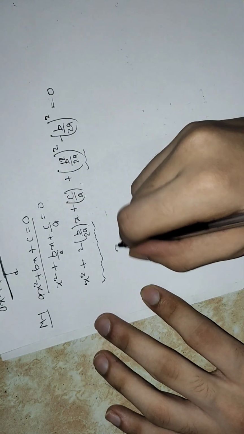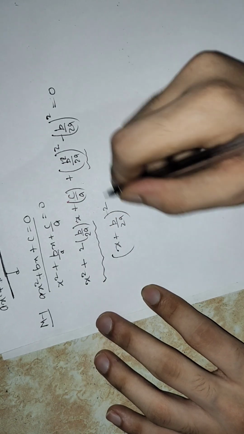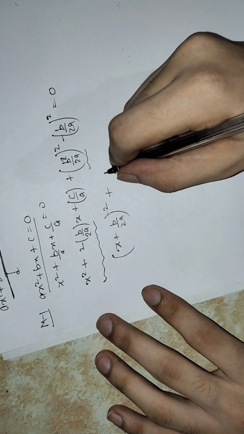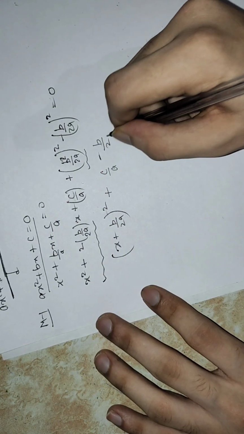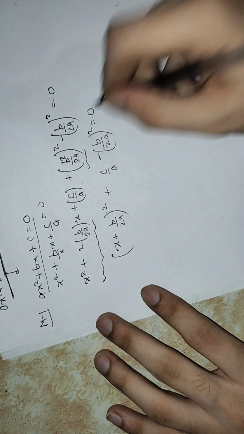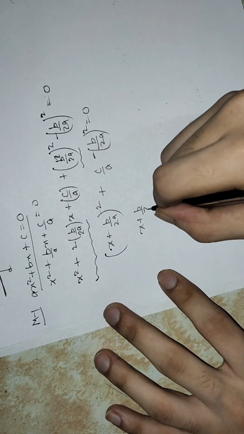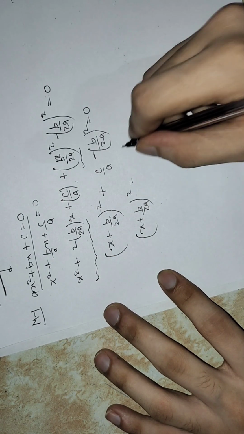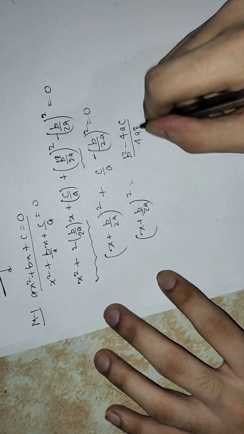When we club these terms, we get x plus b by 2a whole square plus c by a minus b by 2a whole square is equal to 0. From here, x plus b by 2a whole square is b square minus 4ac by 4a square.